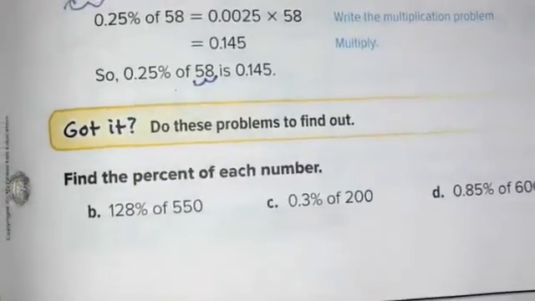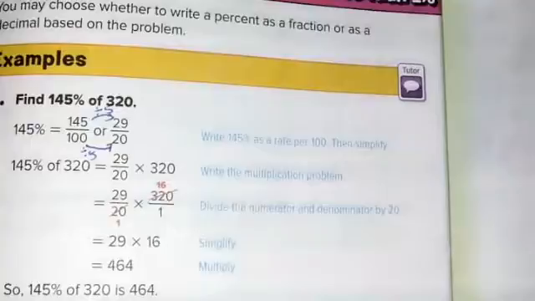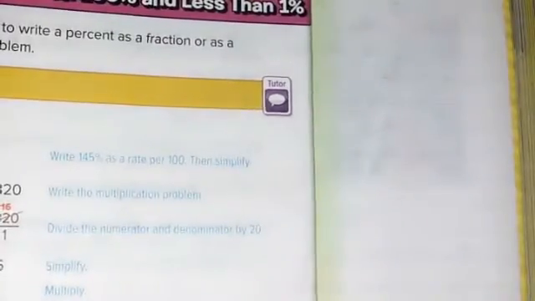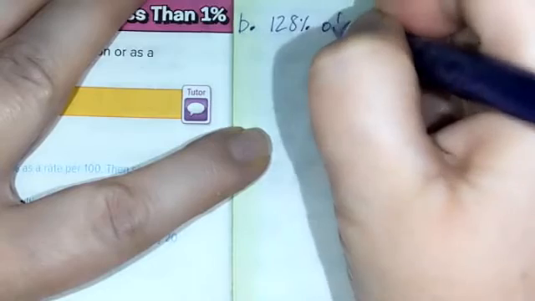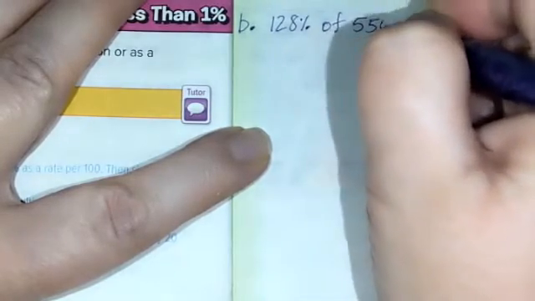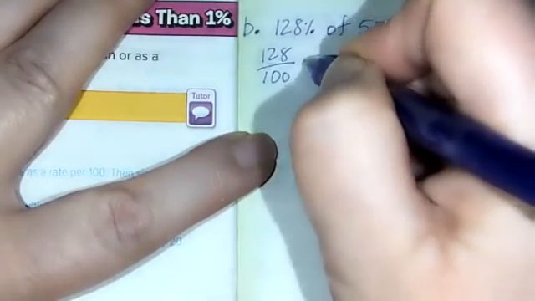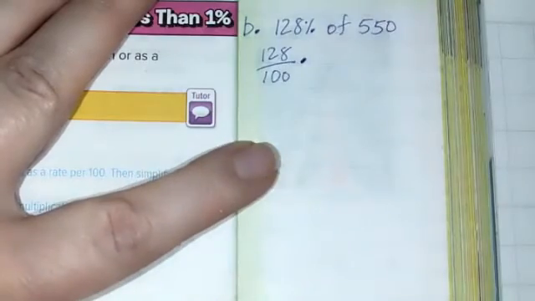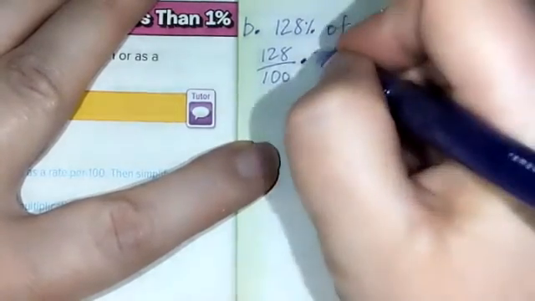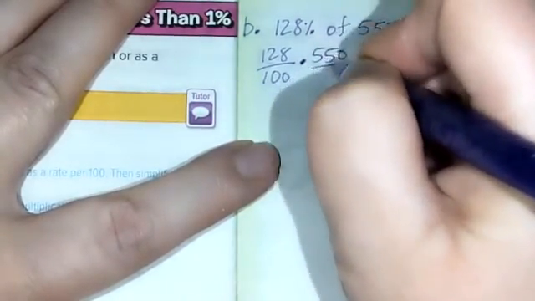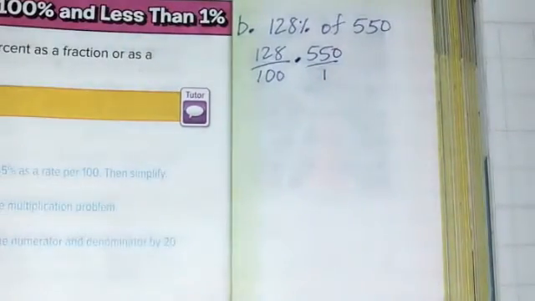So let's do letter B. Let's move to the top of the page on the right margin. We have some workspace there. So letter B is 128% of 550. So 128% is 128 per 100, of means multiply, and then 550, I'll write it as 550 over 1.